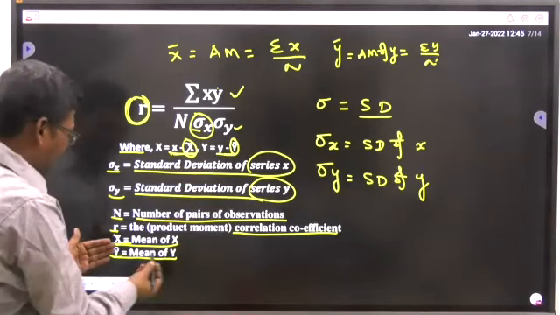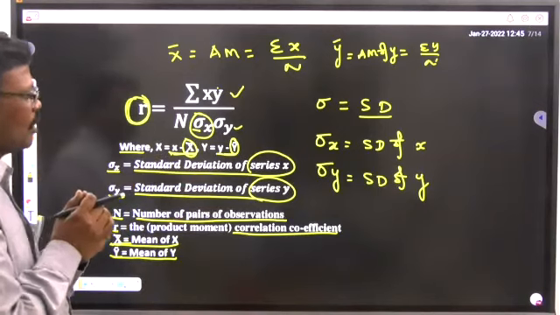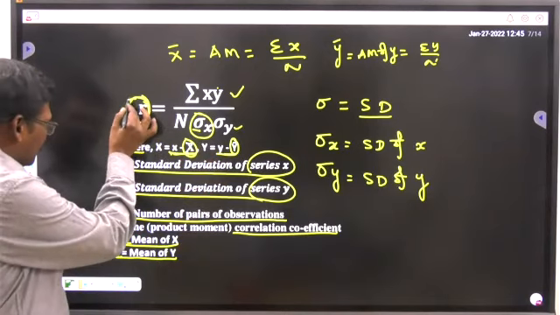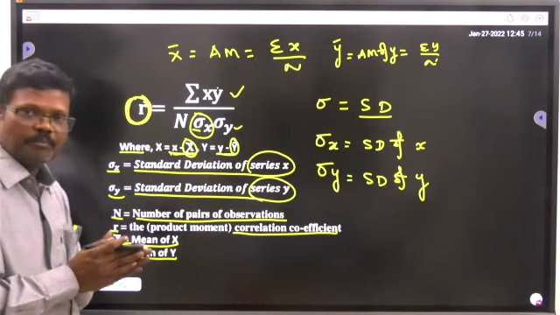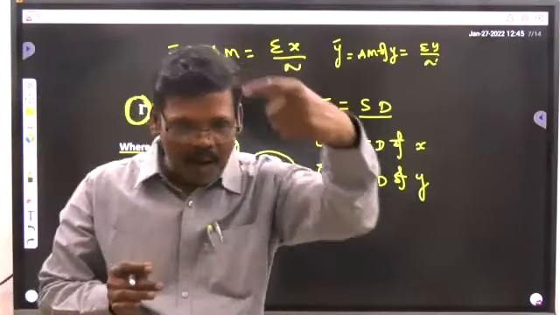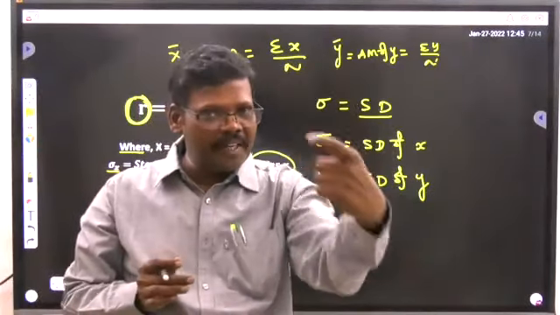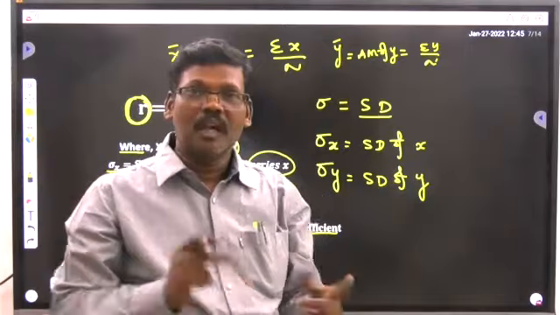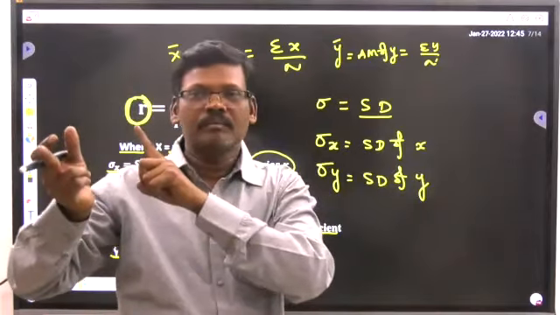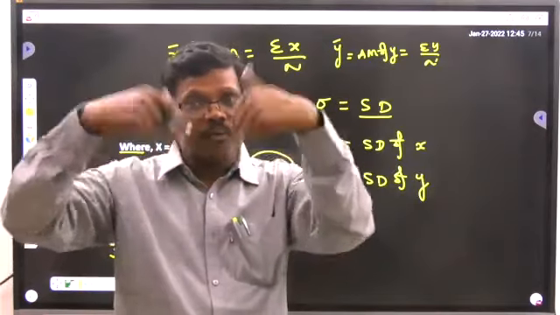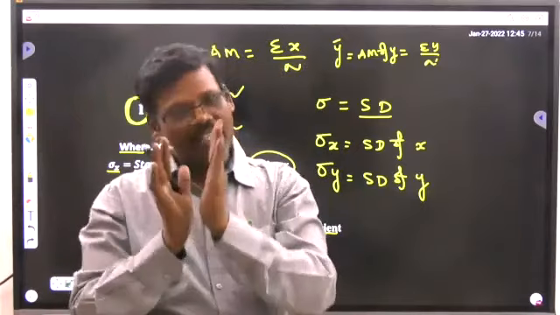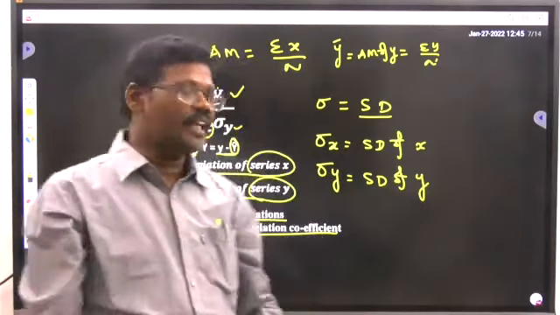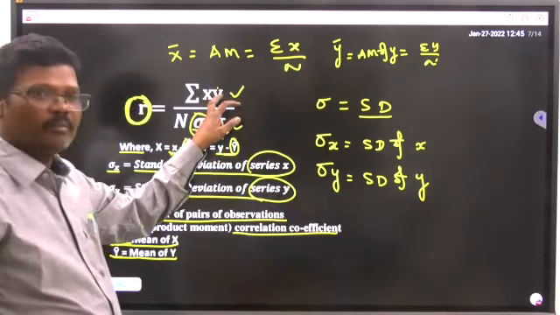So finally, if we want to know the Karl Pearson coefficient of correlation, we have to know x bar, the arithmetic mean of the x series, and y bar, the arithmetic mean of the y series. Then we will get x and y.